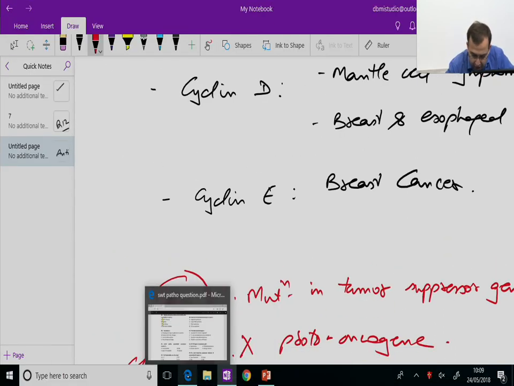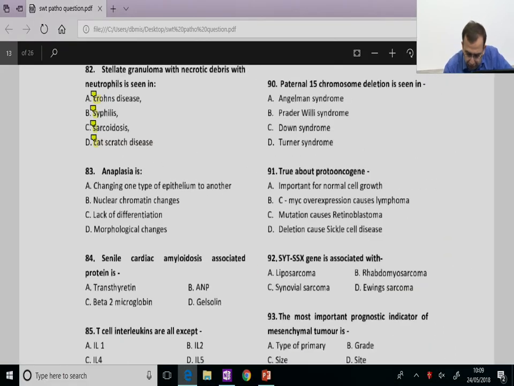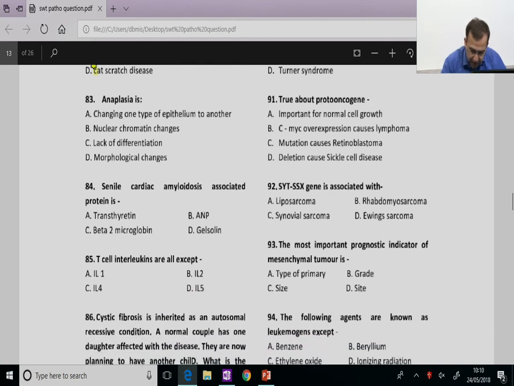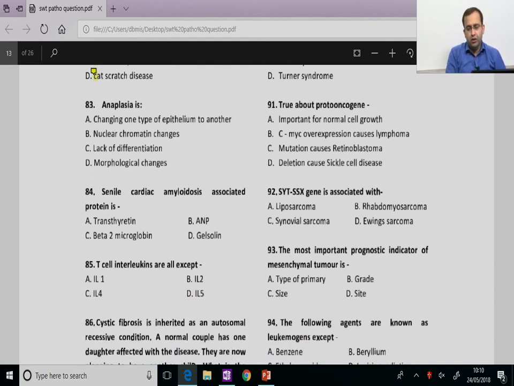Next, the answer to question 91 is A. C-MYC is not overexpressed; it is translocation that causes lymphomas. The RB gene is a tumor suppressor, not a proto-oncogene, and sickle cell anemia is not a deletion, it is a point mutation. Next, question 92.